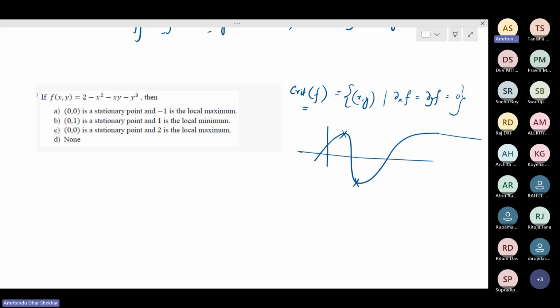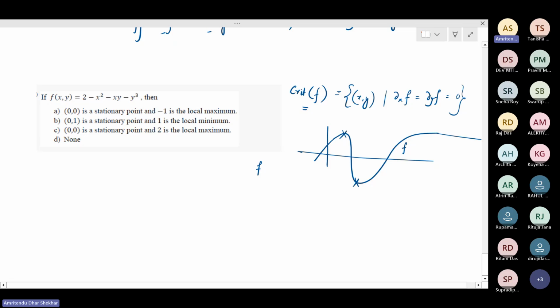When you're looking at higher dimensional functions or multivariable functions, critical points need not just be maximum and minimum. There can be what we call saddle points. So how do you determine something is a maximum or something is a minimum? The way we do it in one-dimensional calculus is that, let's say f is my function of a single variable.